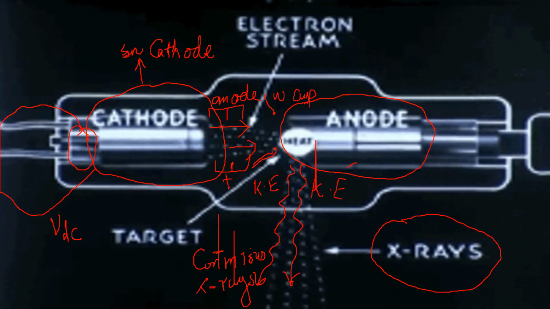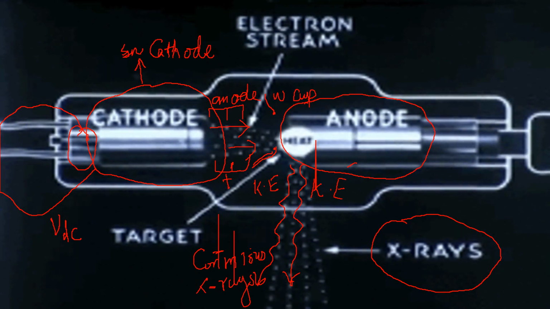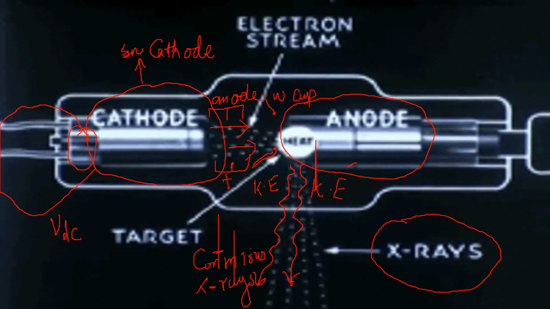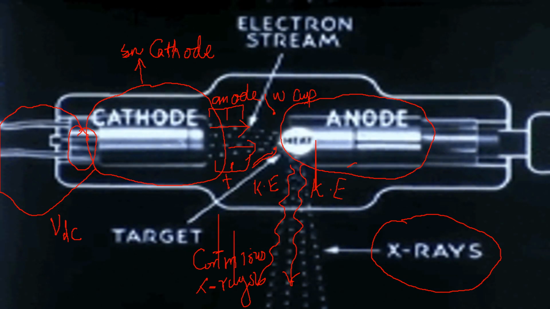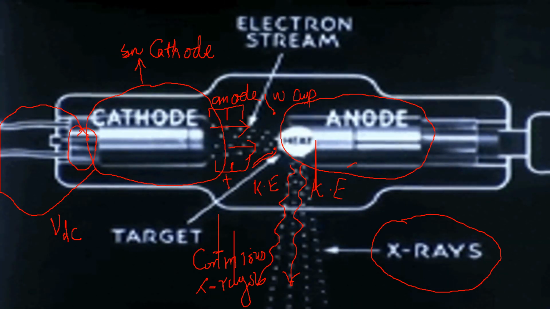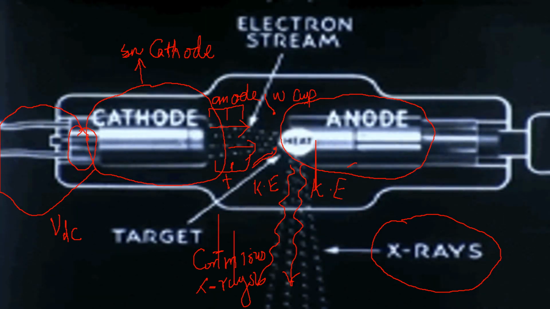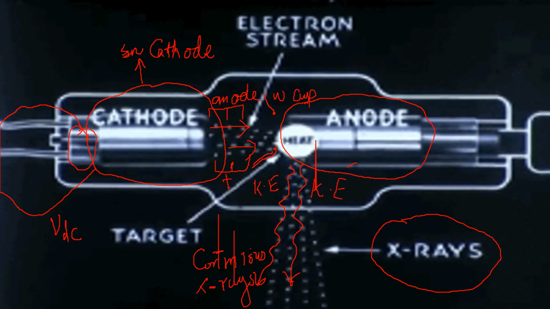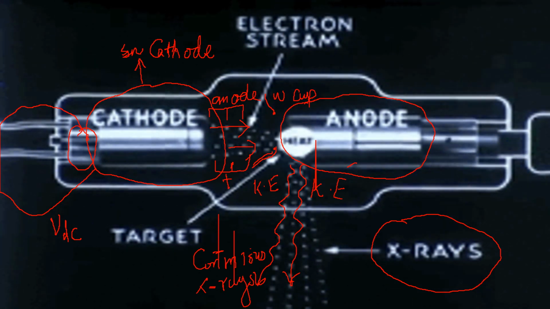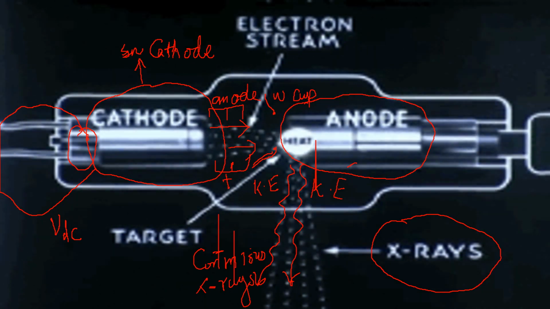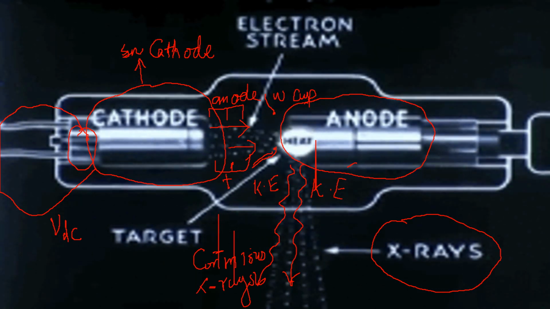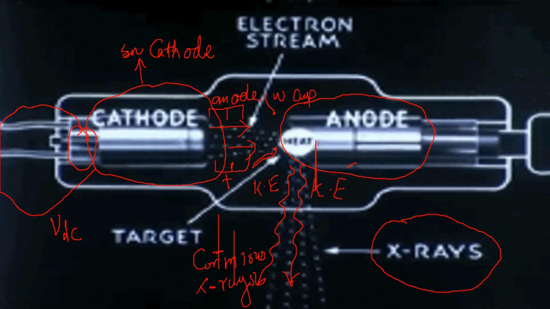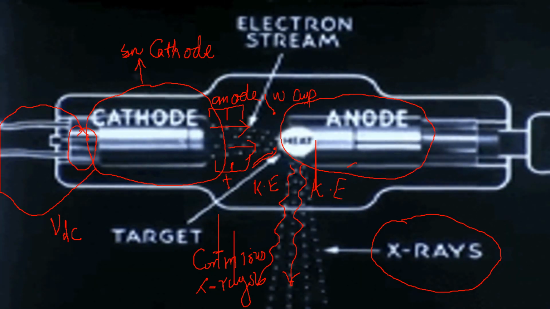Due to the high potential the filament gets hot, the red hot filament emits heat, and the heat reaches the cathode, and due to the high temperature the cathode emits an electron stream. That electron stream is then accelerated by the accelerating anodes, which speed it up, whereas the Wehnelt cup focuses the beam of electrons onto the surface of the anode.